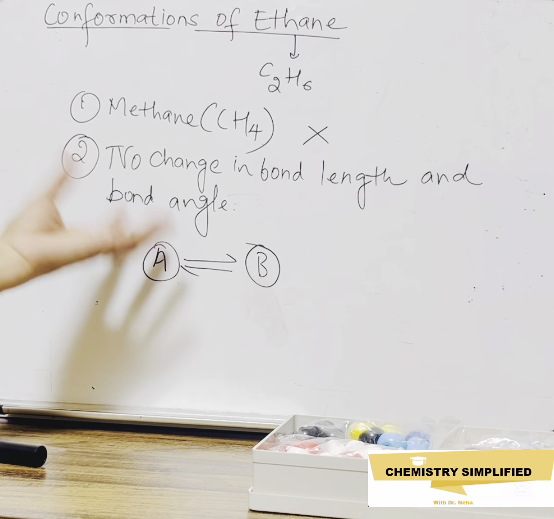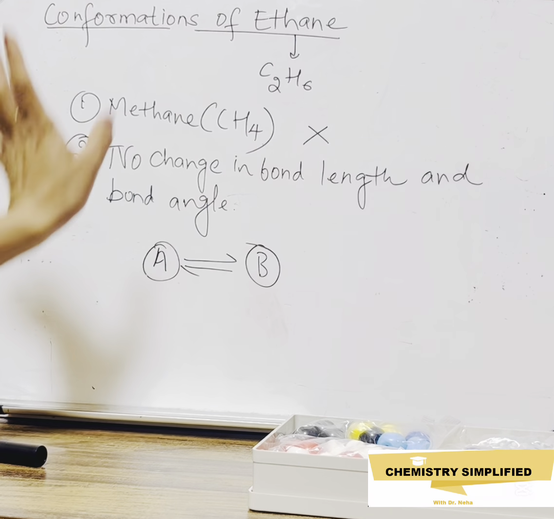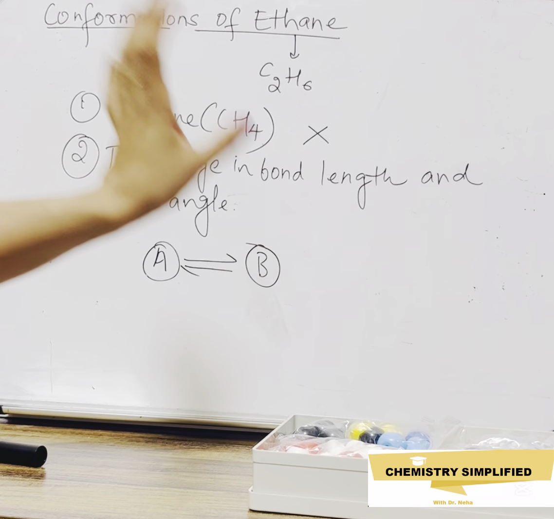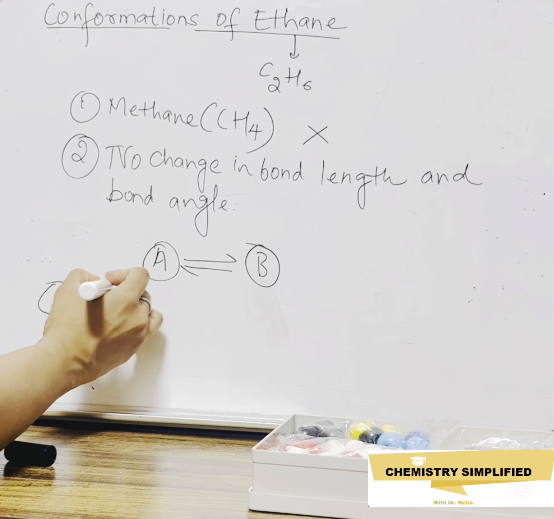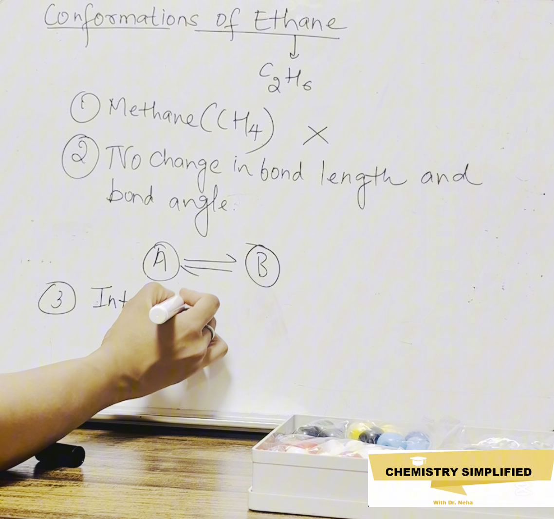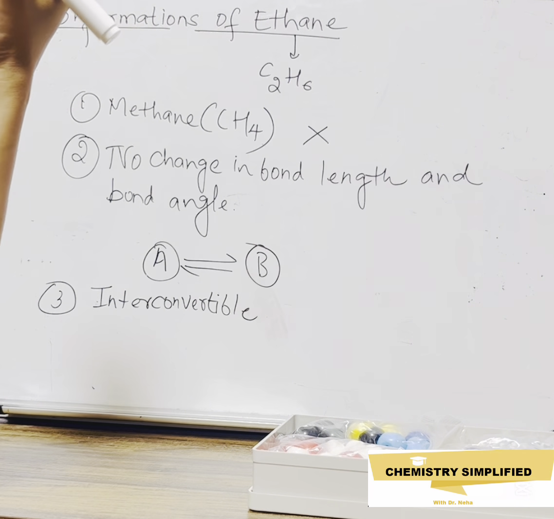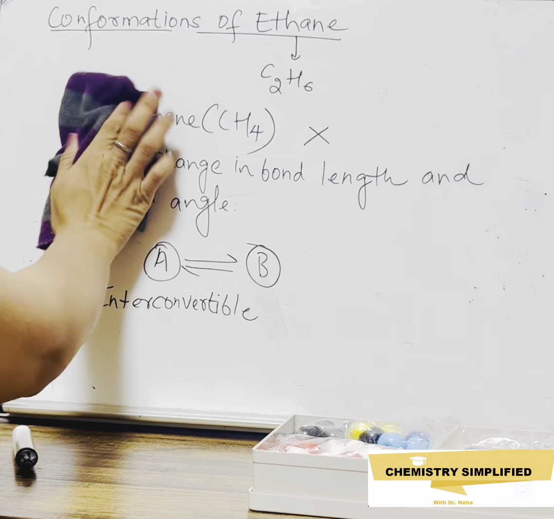It means if I give a little heat to A, the conformer will change to B and B to A. So this is reversible. Okay, they are interconvertible. This is the third point. Is this clear? Right, now let's make conformers of ethane.